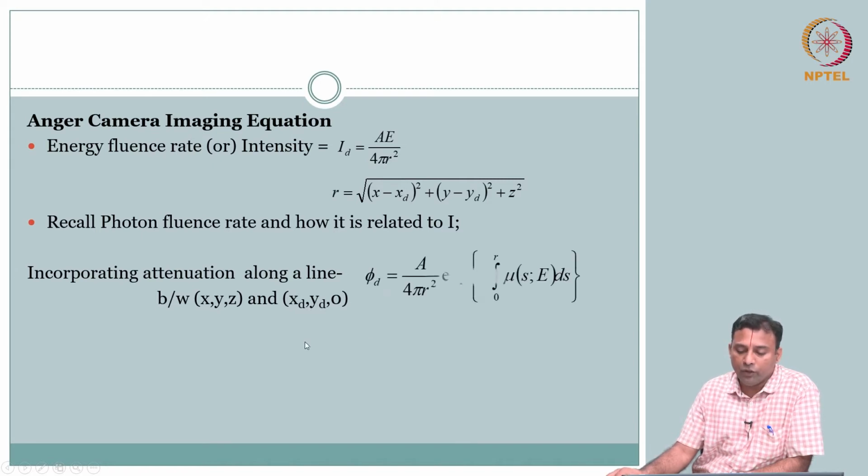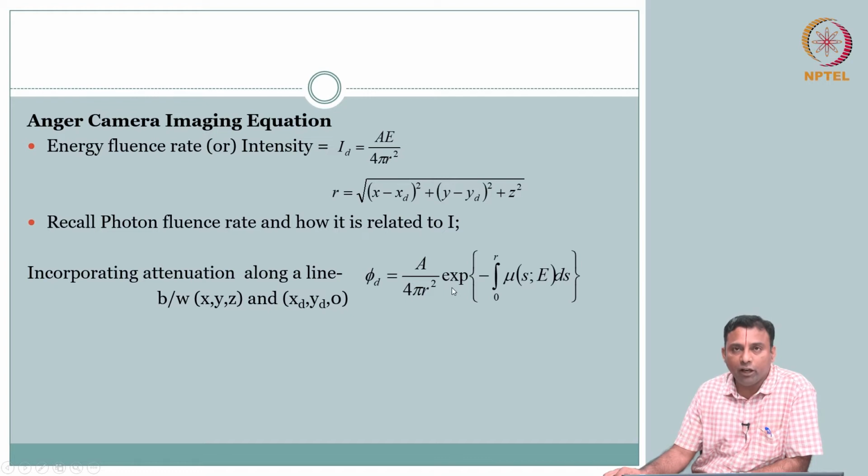So if we do that, we can write phi_D, instead of I we are writing it in terms of phi_D, photon fluence, as A by 4 pi r squared, times the exponential of the attenuation coefficient along the line 0 to r, clear.